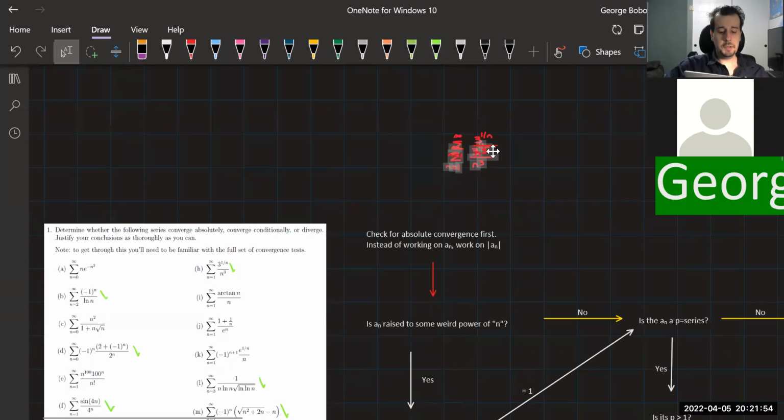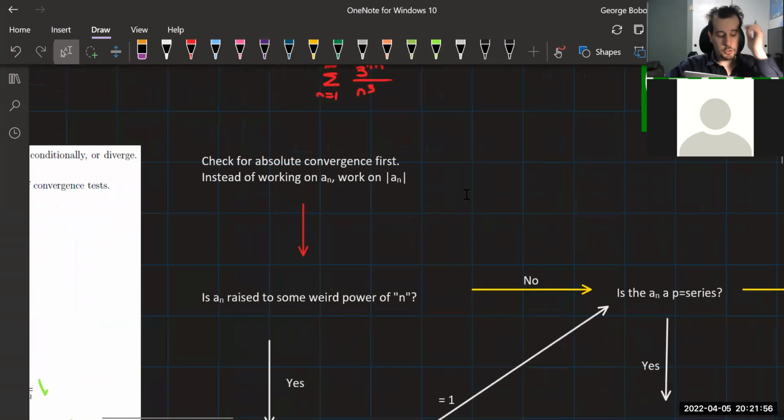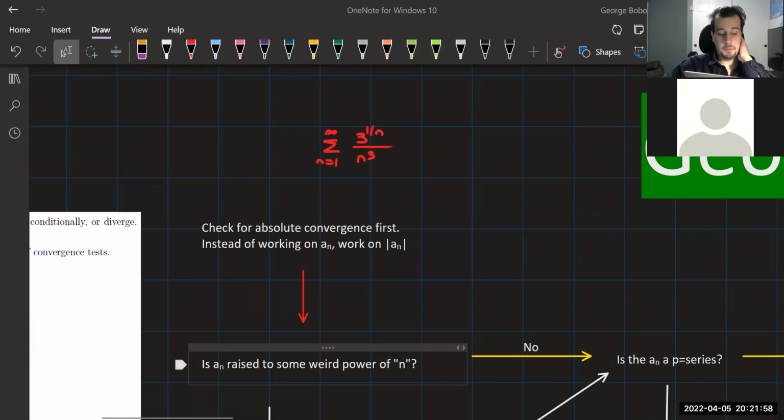Okay, if we're going to check for absolute convergence first, I want you to think if there is a way that we can get a negative number out of this. What do you think?